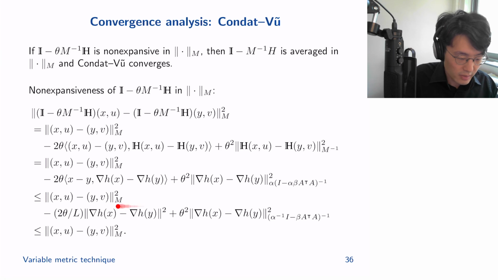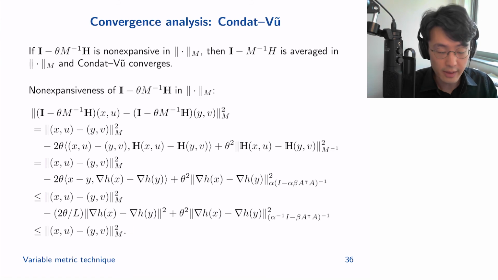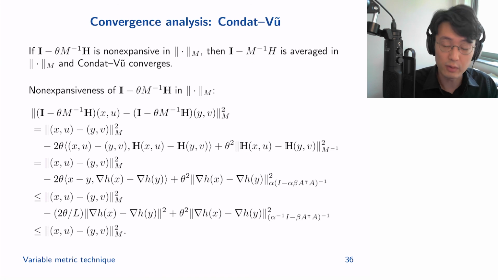So this term is bigger than this term, and using that inequality, we can drop these two and conclude this. So in conclusion, we've shown that this operator is non-expansive in the M norm, and this is the non-expansive inequality that we've established. That implies that this operator, using the fourth step of Condat-Vu, is averaged, and that establishes convergence of Condat-Vu.